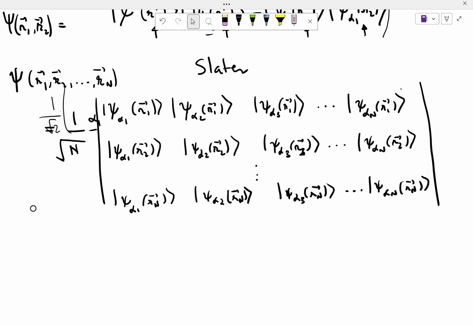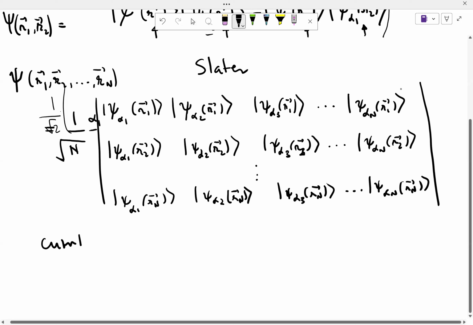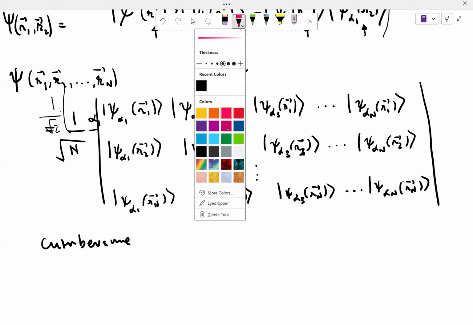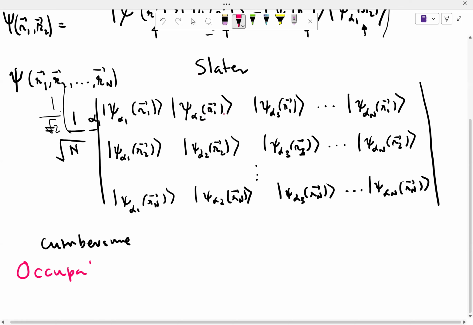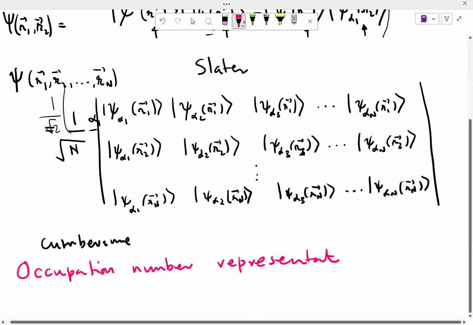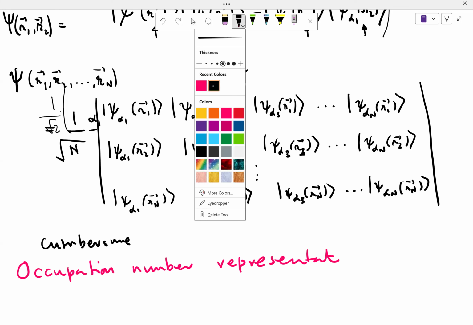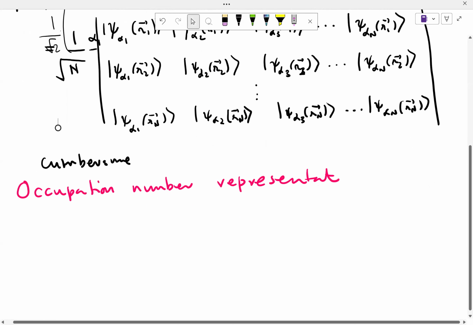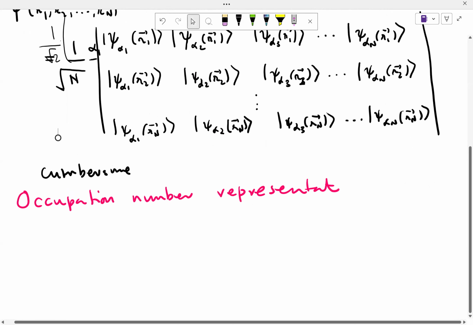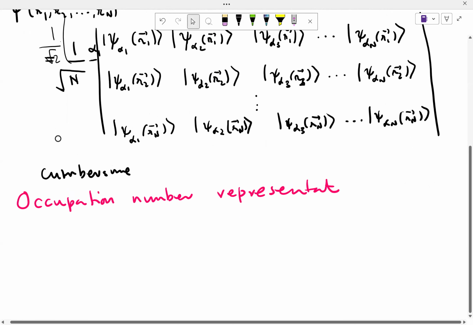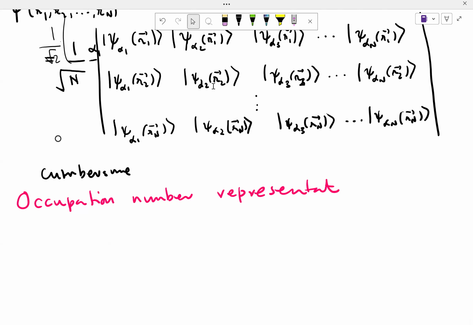Now, this is a very cumbersome notation, so we would like to move to another notation, which we call the occupation number representation. In the occupation number representation, things get slightly simplified. We have a number of particles, and there is a variety of quantum states in which those particles can exist.